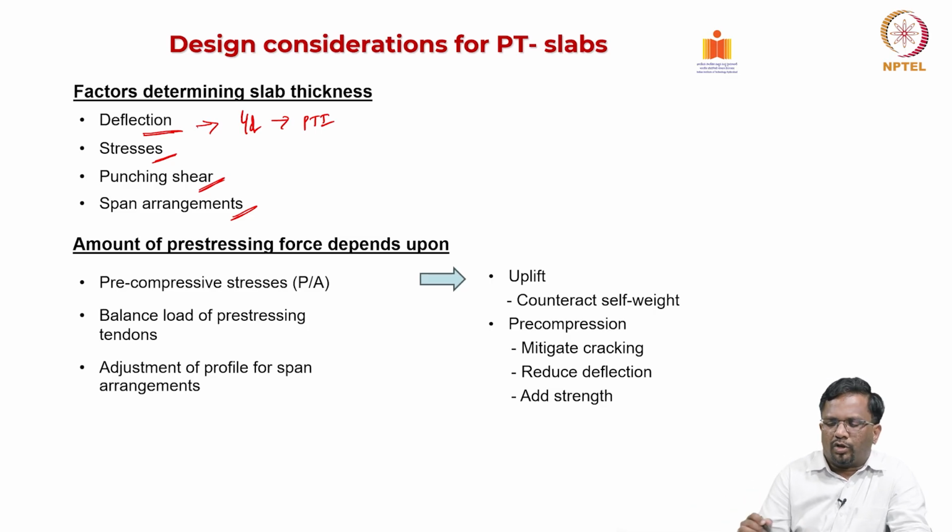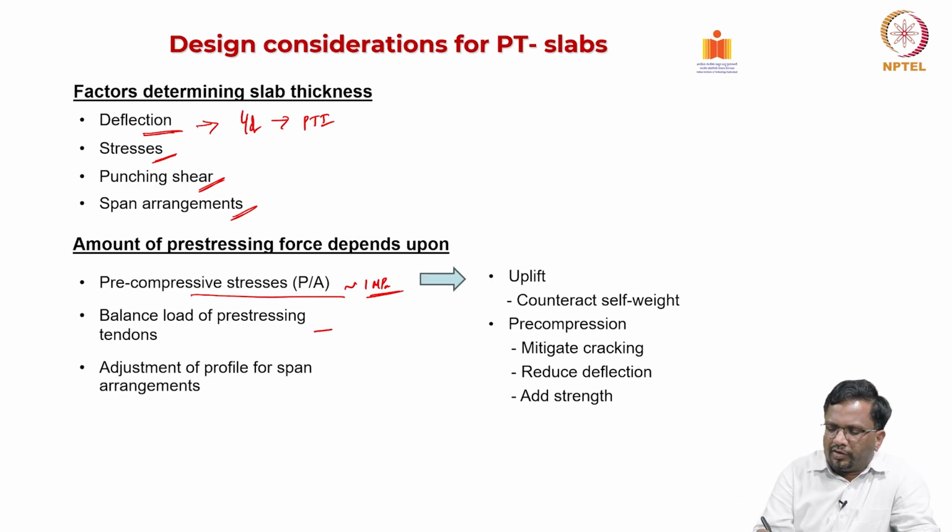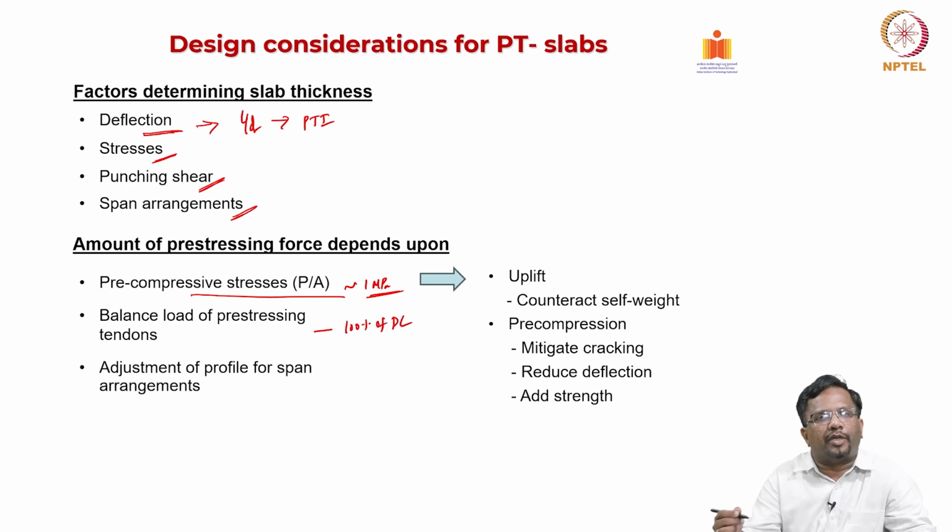Now, the amount of pre-stressing depends upon the pre-compressive stress required. Typically, we target roughly about 1 megapascal average pre-compressive stress, and for the balancing load from the pre-stressing, we try to balance about 100% of dead load typically.